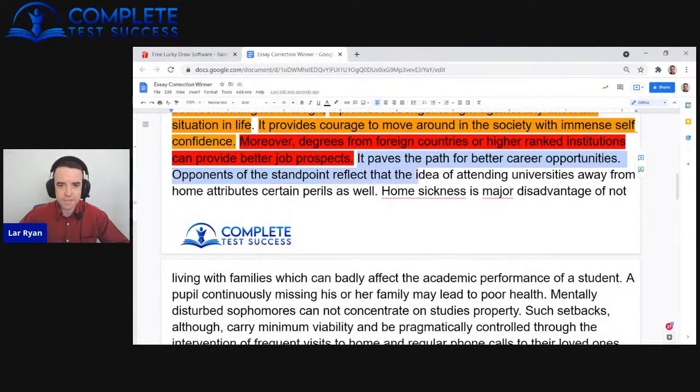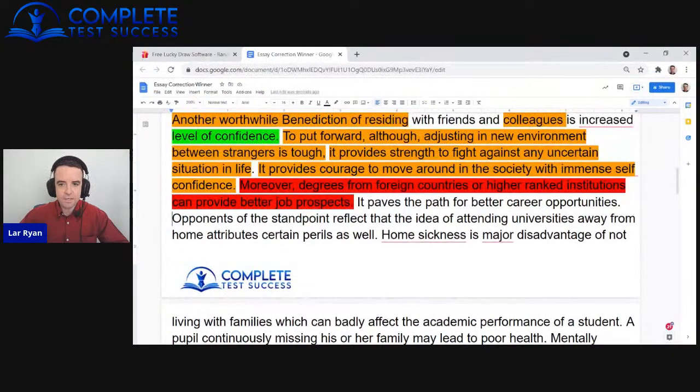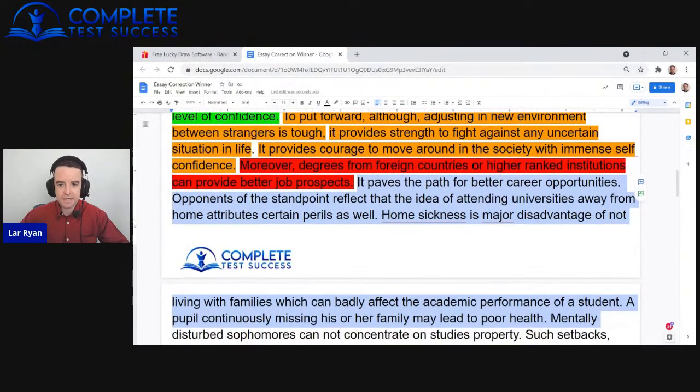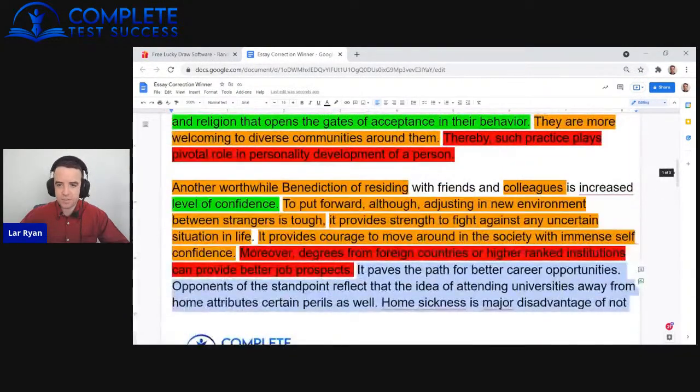"Opponents of the standpoint reflect that the idea of attending universities away from home attributes certain perils as well." Okay, so here, this is a new paragraph. And again, this is what I was saying earlier on: leave a line between the paragraphs, because I thought I was still reading the second paragraph, and then suddenly I realized this must be a new paragraph.